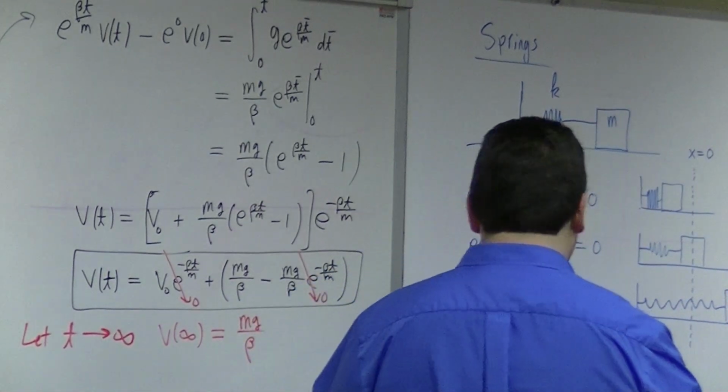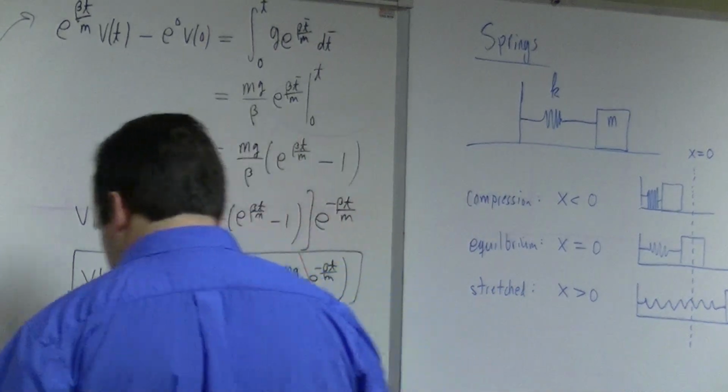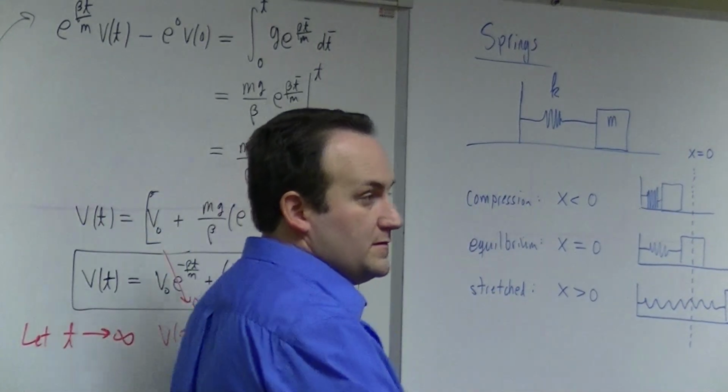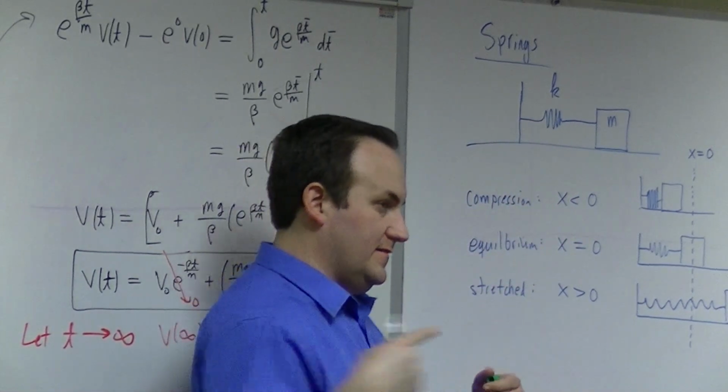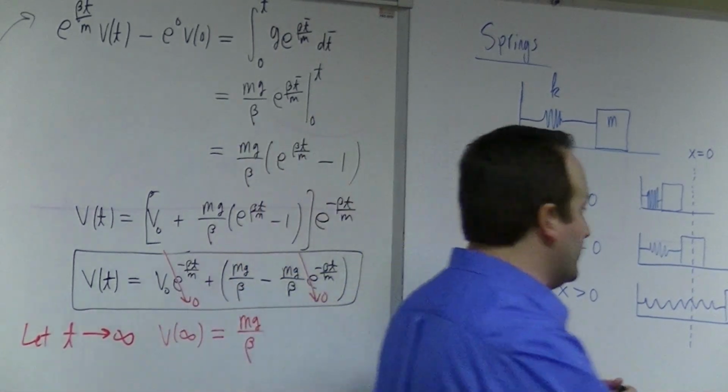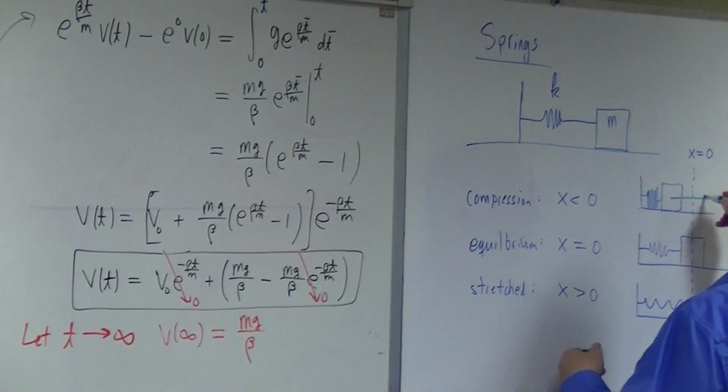Okay, so when it's compressed, what direction does the force go? You compress the spring, the spring pushes back that way in my picture, right? So the spring force would be like this.